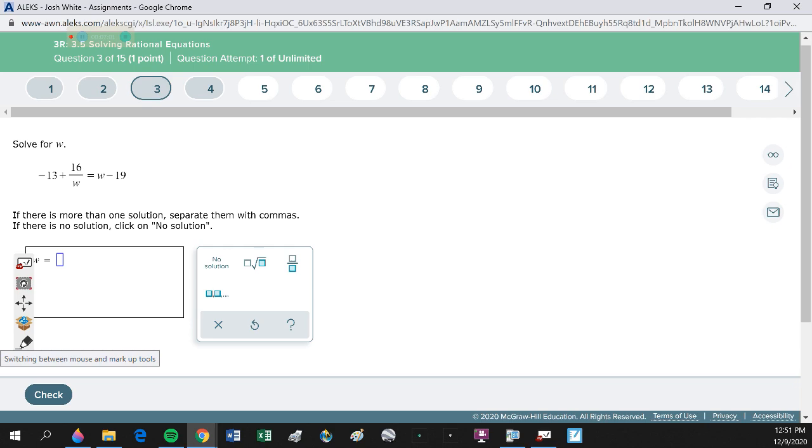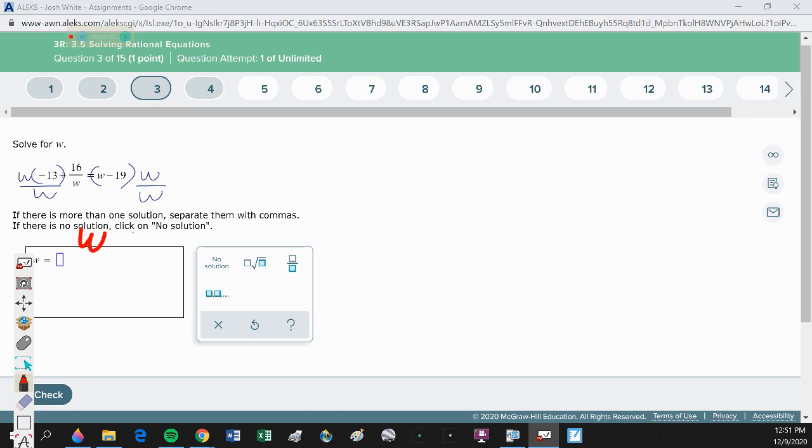Okay, this one is slightly harder. The common denominator is going to be w. So this one needs a w over w, and this one needs a w over w. What is w not allowed to equal? What number makes the denominator 0? 0.